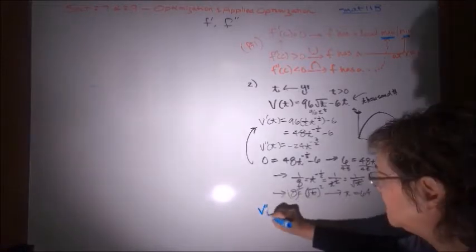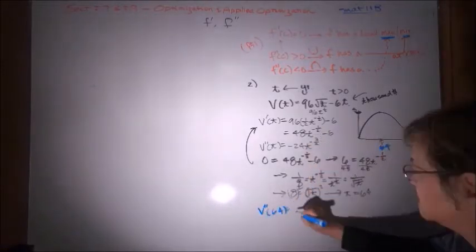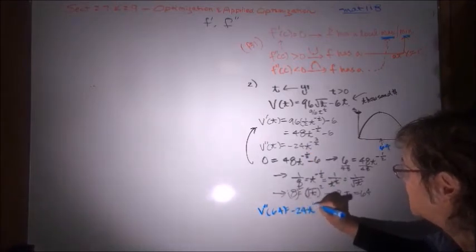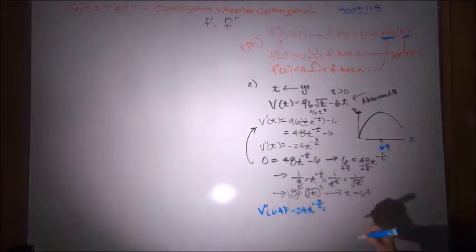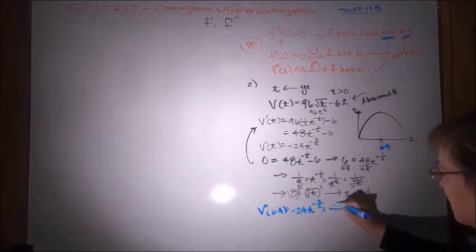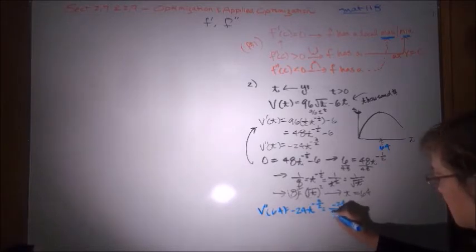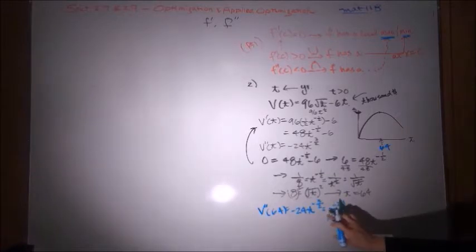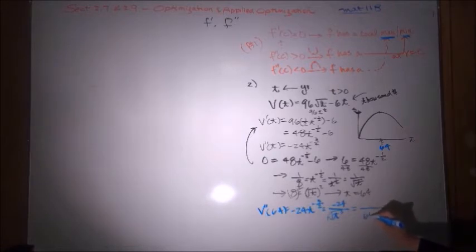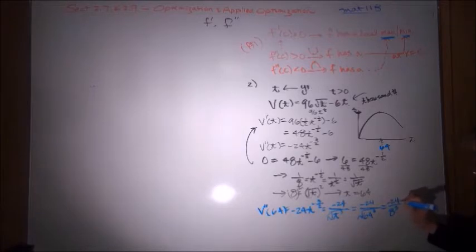So you plug in year 64 to this one, negative 24 t to the negative 3/2, right? It means negative 24 divided by the reciprocal, t to the third power and square root. T is 64, so it's 64 to the third power in the denominator.